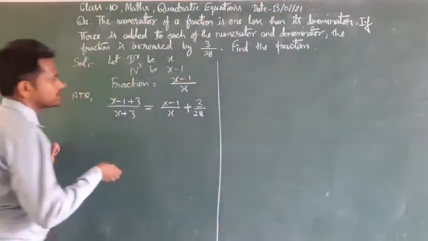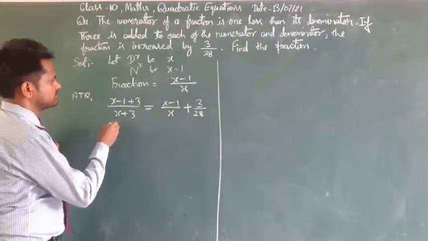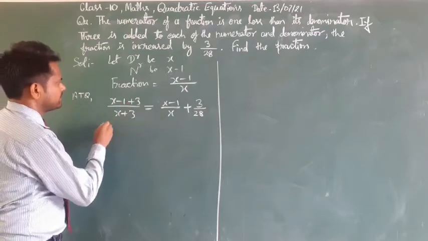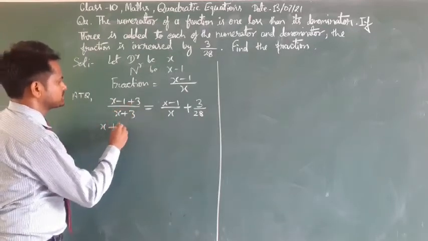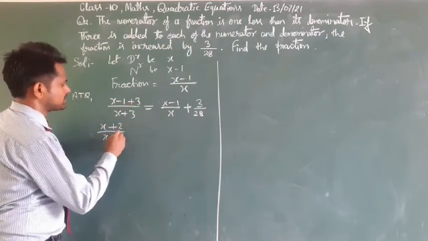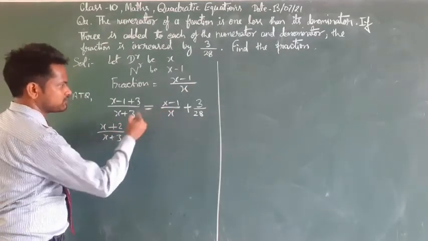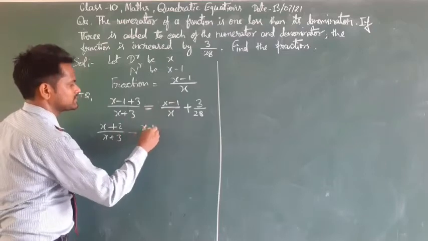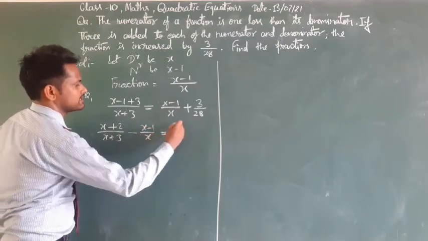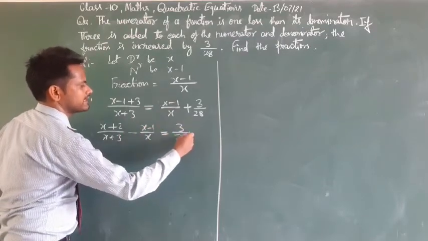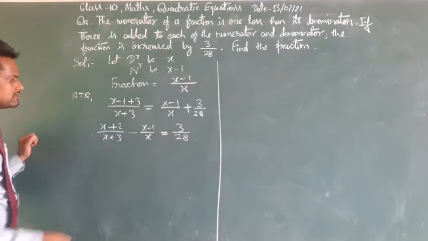Now you have to solve this equation. First, transpose this. That will become (x plus 2) upon (x plus 3) minus (x minus 1) by x is equal to 3 by 28. Got it?